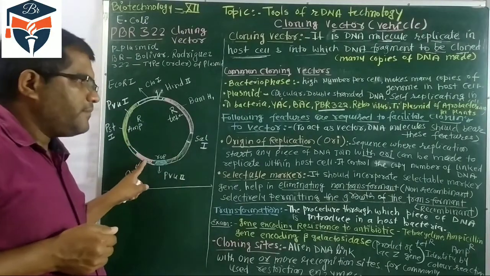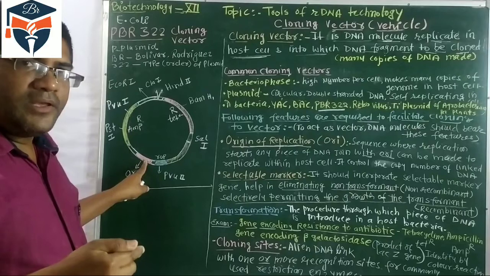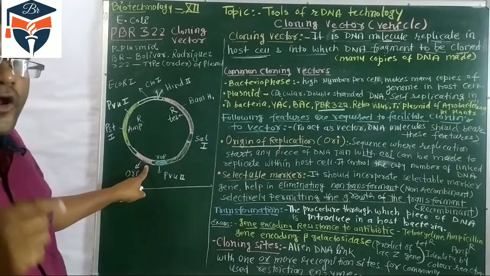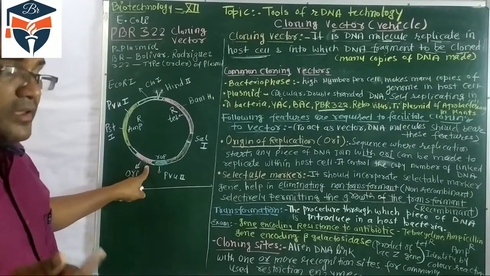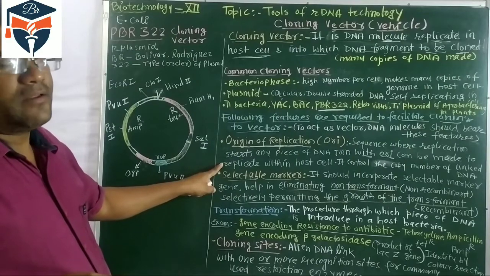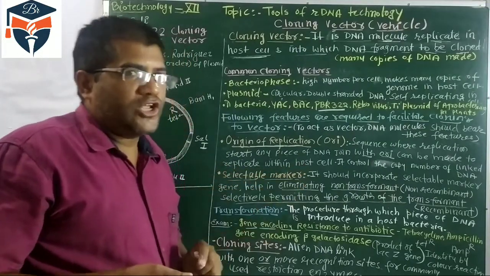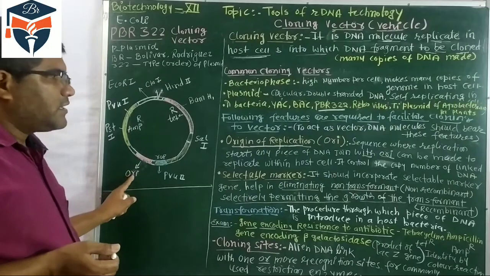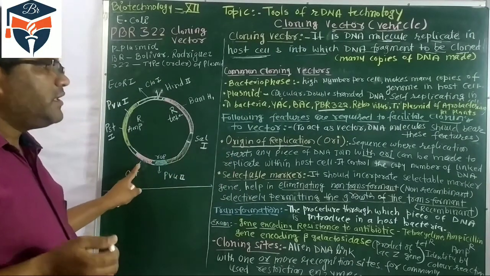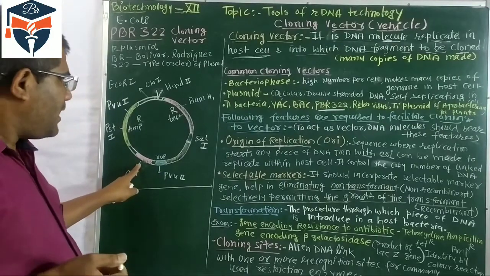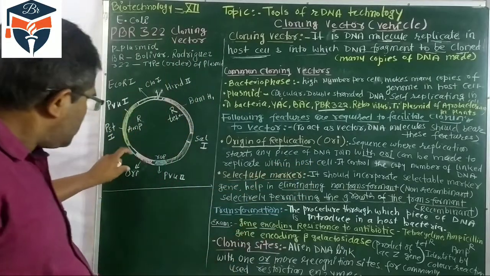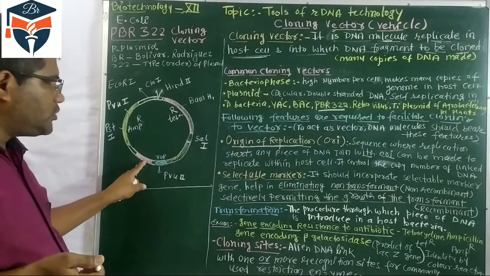As well, at this ORI site, any piece of DNA is joined. When a piece of DNA is joined with the ORI, it gets replicated within the host cell. So ORI is the region or sequence where replication starts. Here the DNA piece is joined and that DNA gets replicated within the host cell.